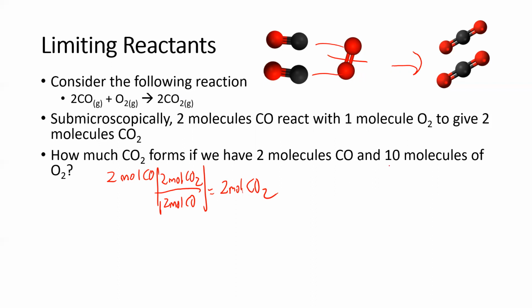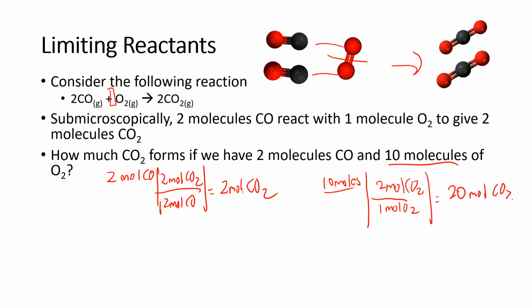Well, what about 10 moles of O2? If I have 10 moles of O2, and I know from my balanced equation that there's only 1 mole of O2 needed to produce 2 moles of CO2, in theory, the 10 moles of O2 could give me 20 moles of CO2.